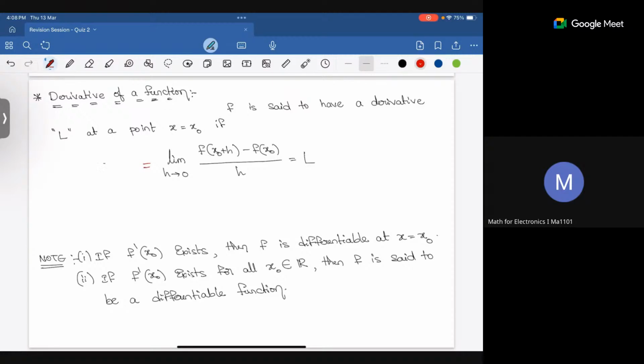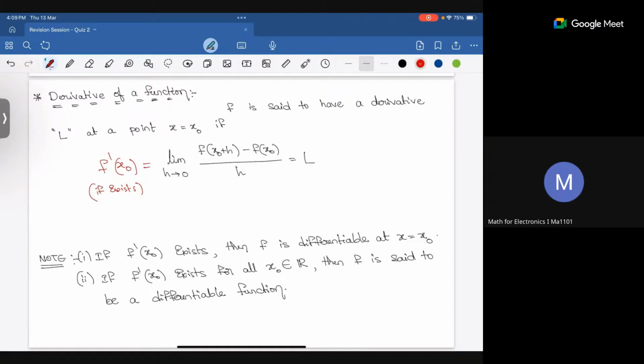then we denote this as f prime of x naught, only if it exists. If f prime of x naught exists, we can say that the function is differentiable at the point x equals x naught.